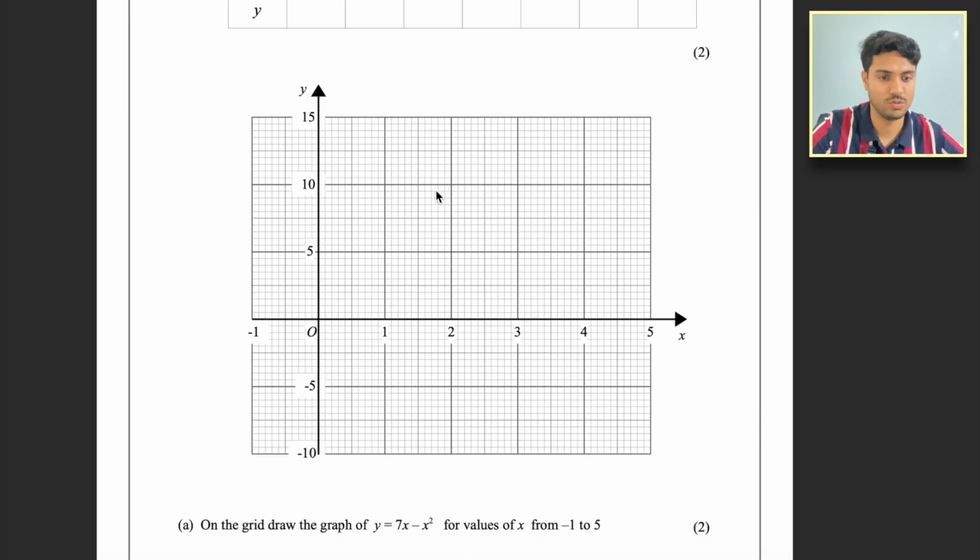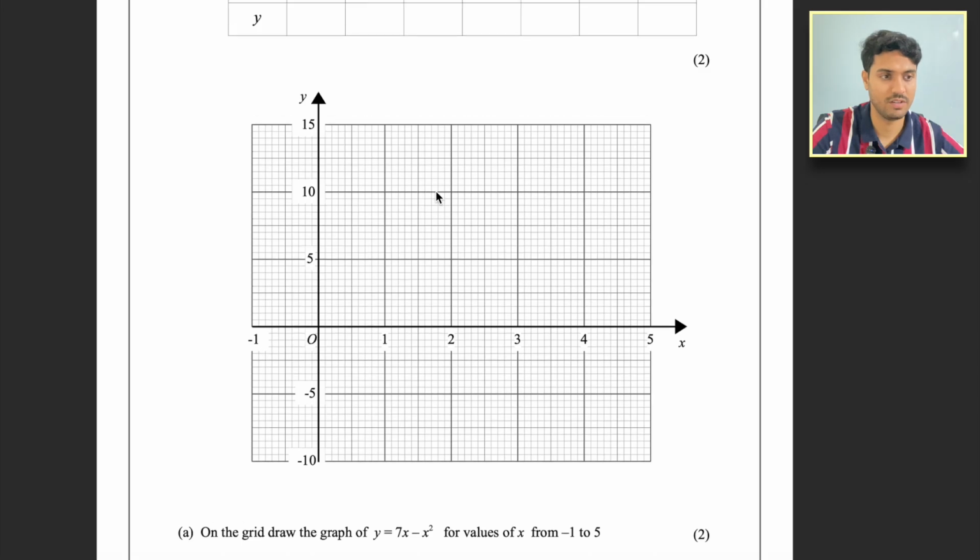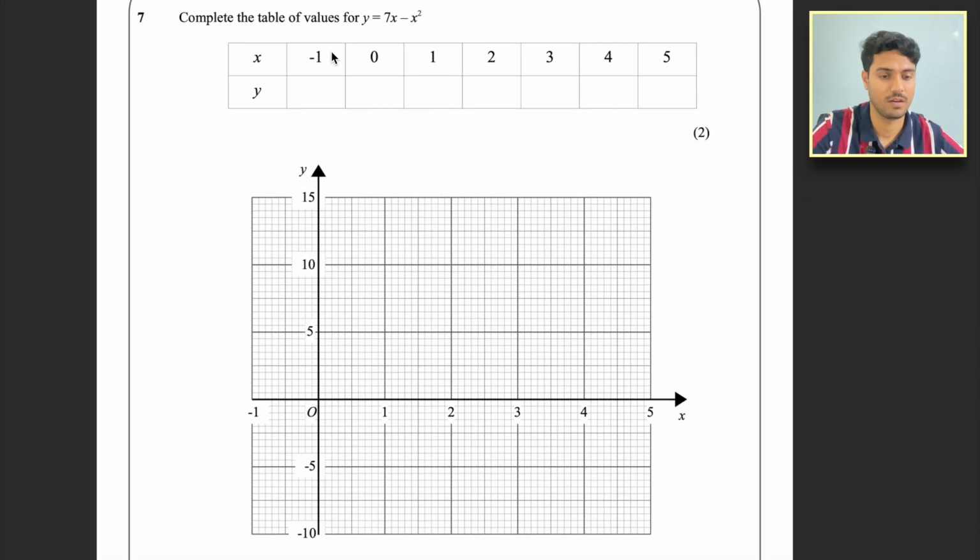Let's move on to the last question, question number 7. It is complete the table of values for y equals 7x minus x square. For negative 1 it will be 7 times minus 1 minus bracket minus 1 the whole square, and the answer is negative 8. At 0 it will be 0. At 1 it will be 7 minus 1, that is 6.